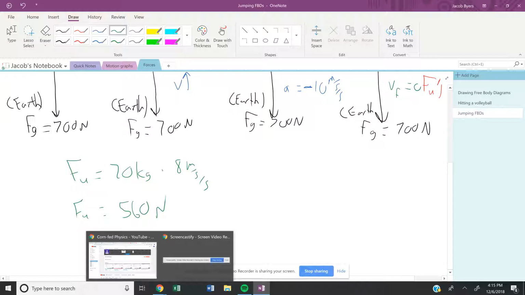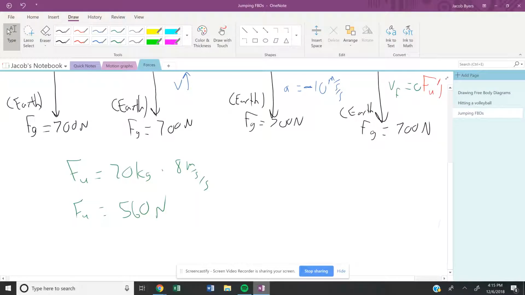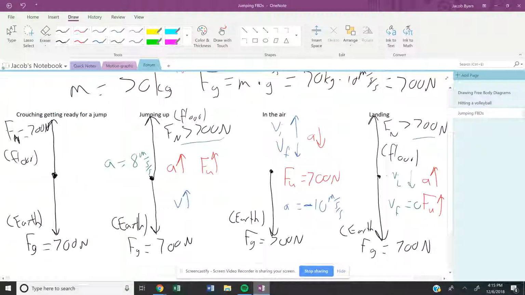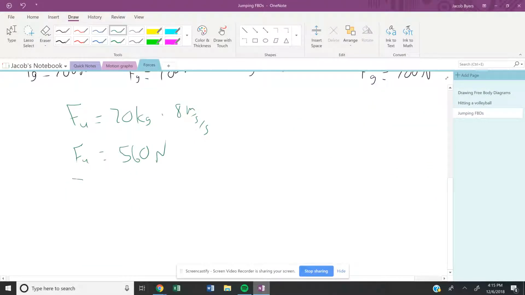Put this off the screen, please. There we go. And so if my unbalanced force is 560 newtons, we know it's going upwards. We know that my unbalanced force here is going to be equal to my normal force minus my gravitational force. And we have two of these numbers, so we can plug in 560 newtons for my unbalanced force.